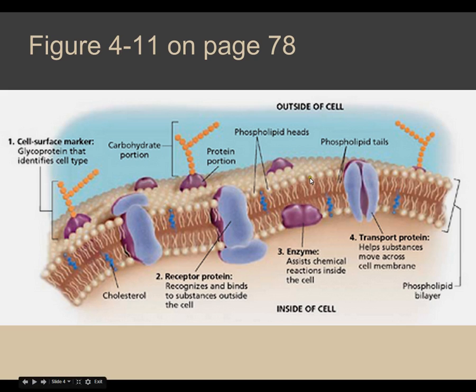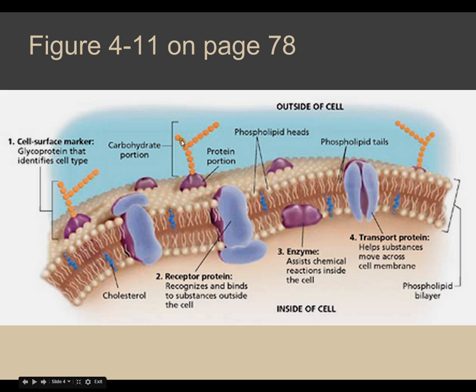You have your phospholipids. Here's the glycerol head and the two fatty acid tails. You have your cholesterol molecules that I just mentioned, and they're here in blue. You also have enzymes that can be embedded in the cell membrane. We studied those already. The ones that we studied, oftentimes we imagine them as free-floating in the cell or in your stomach acid, but they can also be embedded in the cell membrane.